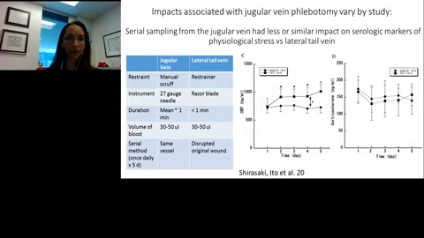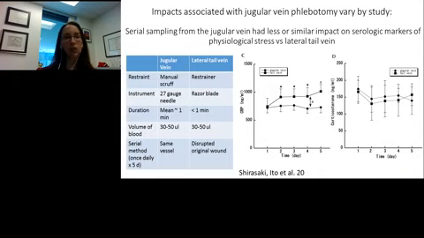They compared awake jugular vein collection with lateral tail vein collection that was done with mice in a restraint device. They looked at C-reactive protein, and they showed that the lateral tail vein group had higher C-reactive protein, which can be a marker of stress, than the mice that had blood collected from the jugular vein, and that the 2 groups had similar plasma corticosterone.